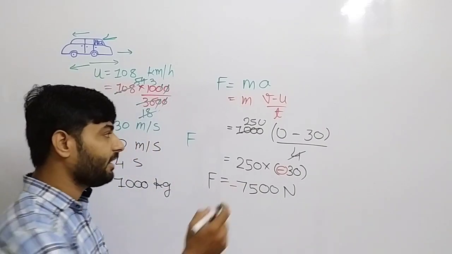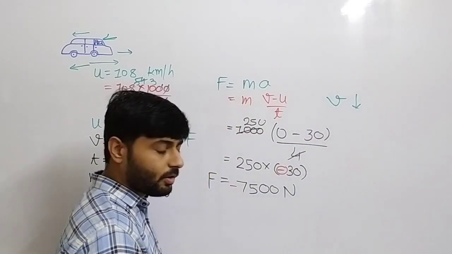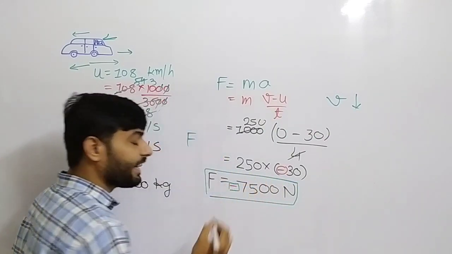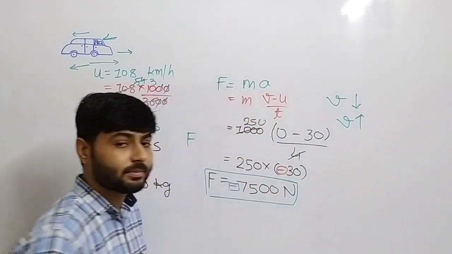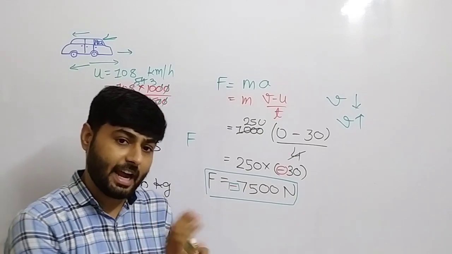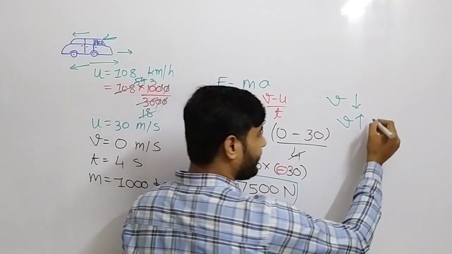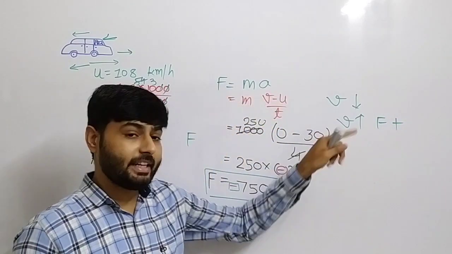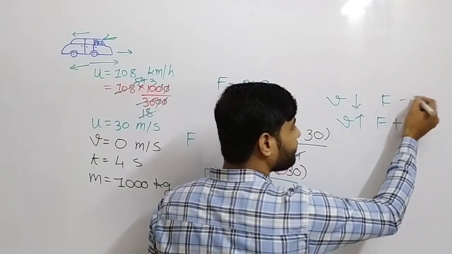Remember, when final velocity decreases, we will always have force as negative, and when final velocity increases, force helps to increase velocity. In that case we get force as positive.